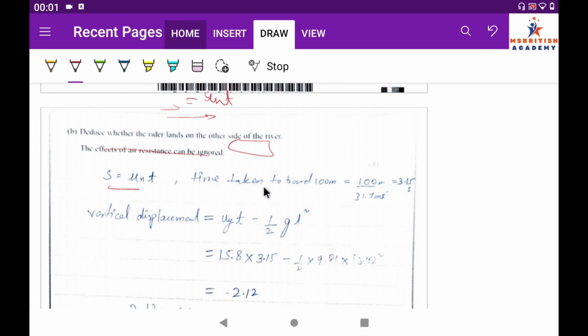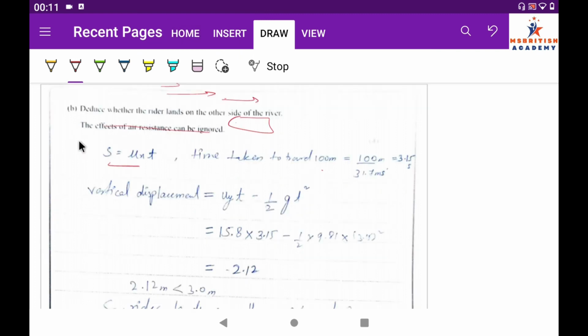and the time to travel 100 meters is 100 meters divided by 31.7 meters per second, because in the x direction we can calculate the time to cover the 100 meter distance. We know the distance is 100 meters and the x direction speed is 31.7 meters per second.